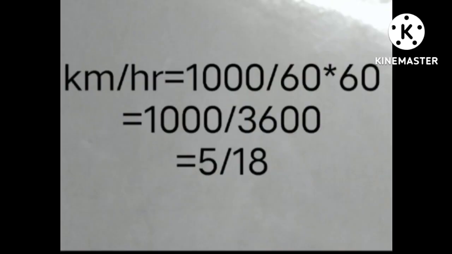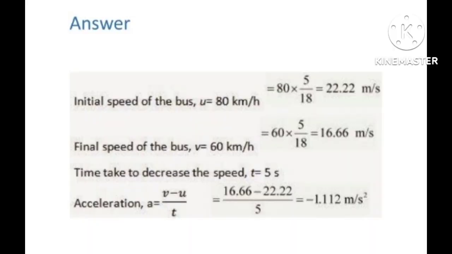So that will be 1000 divided by 3600. When we cancel the zeros, we get 10 by 36, so that will be 5 by 18. This 5 by 18 is always a constant. Whenever we want to convert kilometer per hour into meter per second, we can simply multiply by 5 by 18. Just remember this quantity, 5 by 18.